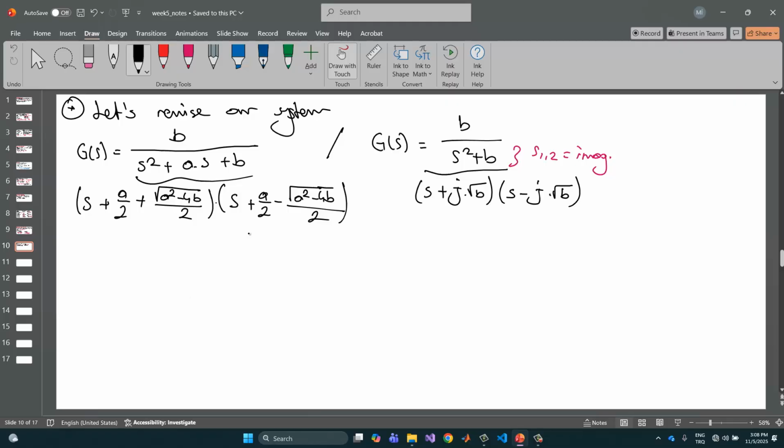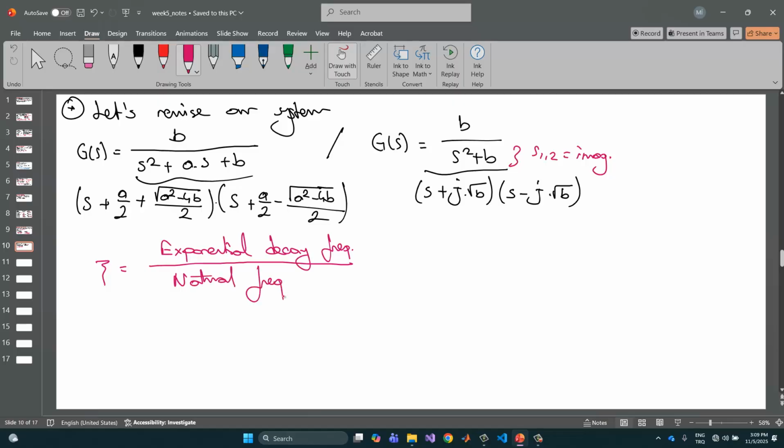Okay. And so, what about the zeta? Zeta is related to the omega value, but it's different from it. It's derived from them. Yes. Exponential decay frequency divided by natural frequency.